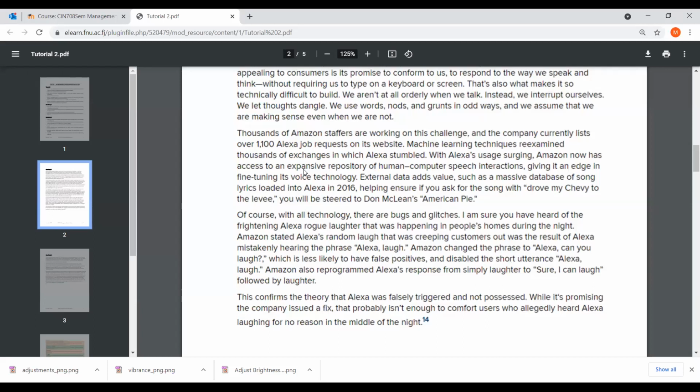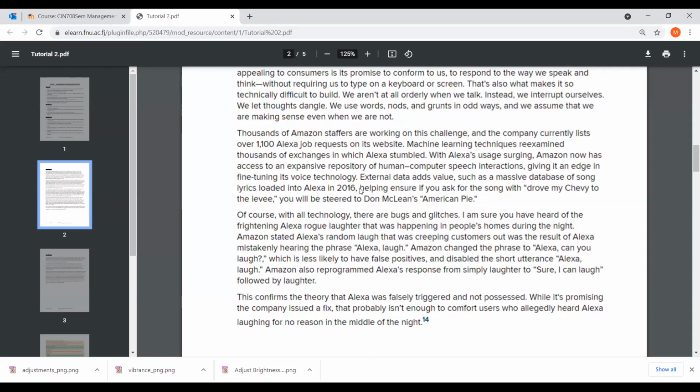So they created a large database for human-computer speech interactions. In the databases, they inserted human voice, human commands, and the way a machine would interact to it. So that actually enabled Alexa to have a bit of fine tuning to the voice technology.